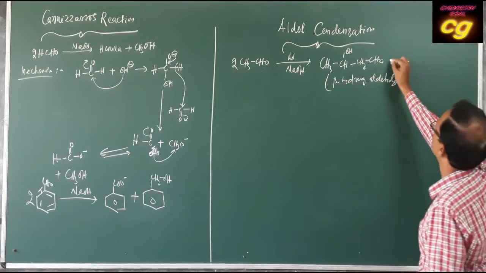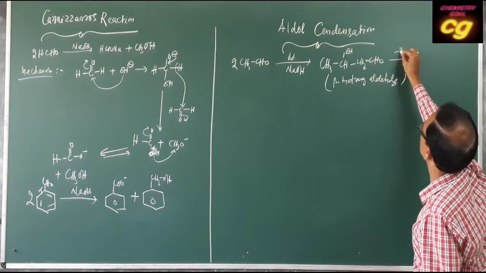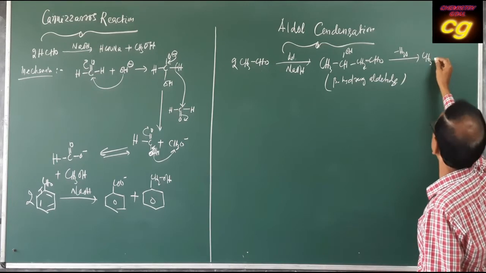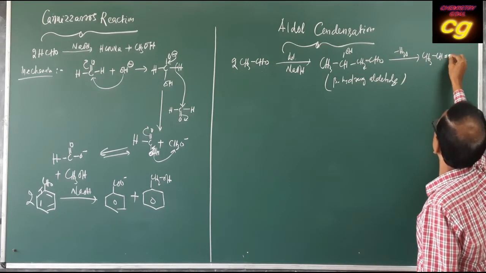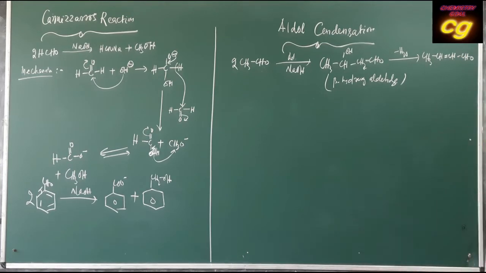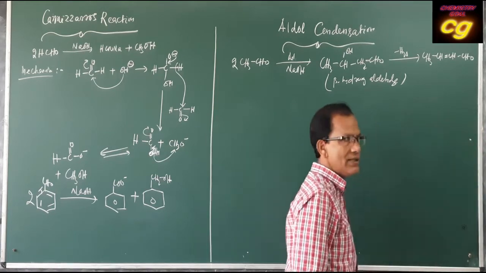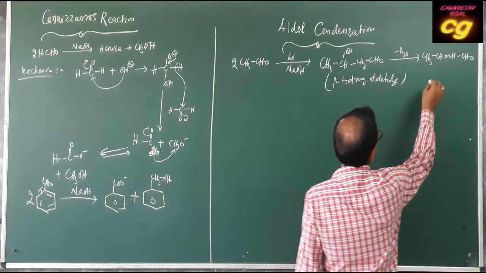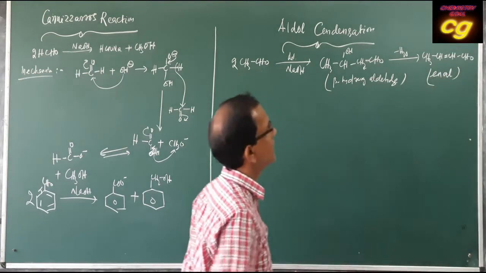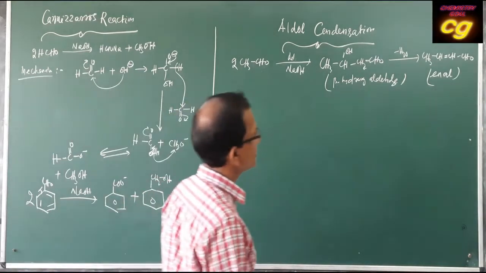And from this it also undergoes elimination, loss of a water molecule, to produce an alkene, an enol. Enol means an alkene is there and an aldehyde is there.